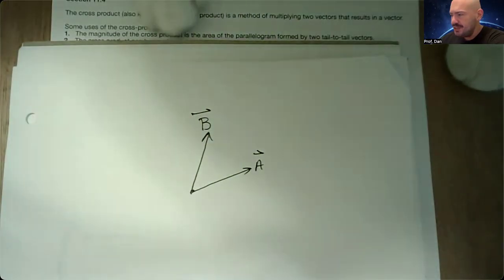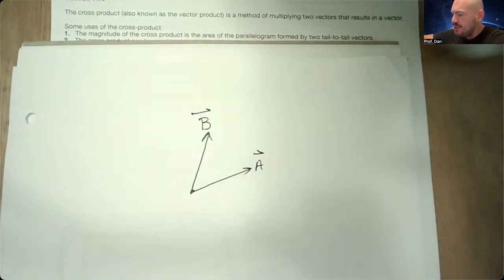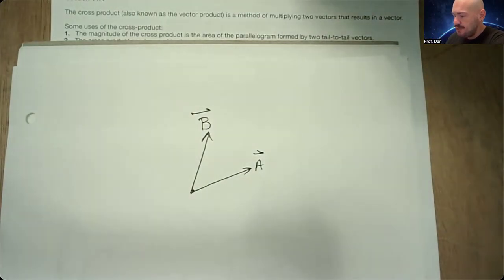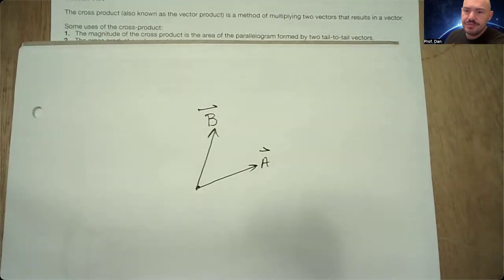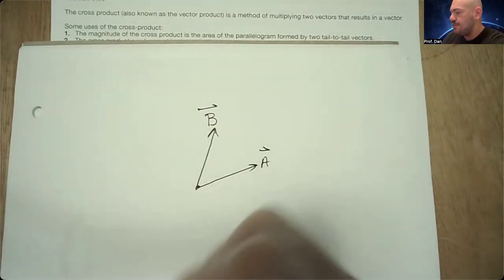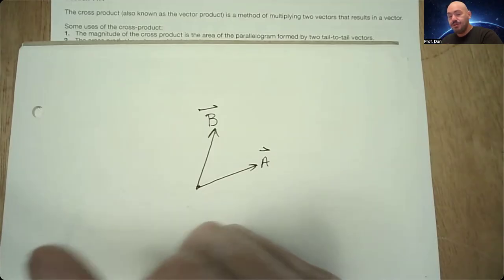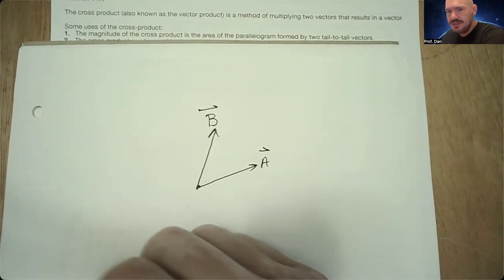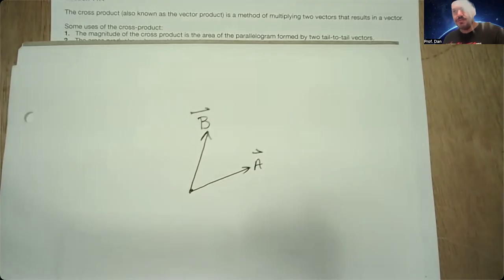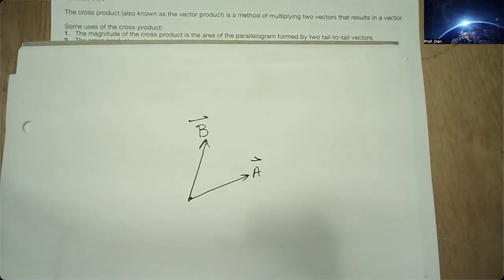We'll get to that in a little bit. But one of the most important things is understanding the direction that the cross product is going to go. And if you've encountered this in physics before, they may have shown you something called the right-hand rule.